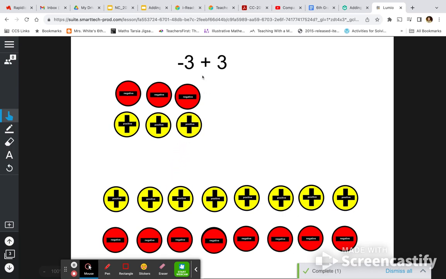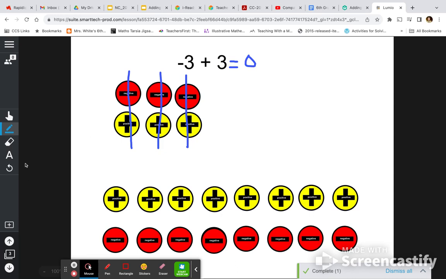Let's see what happens when I combine those. We just talked about what happens when we have a positive and negative together. They cancel each other out. So this slide looked very similar to the one before. The one before I had +3 at the beginning, and I added a -3. So I know when I have those two opposites together, that's going to equal 0.